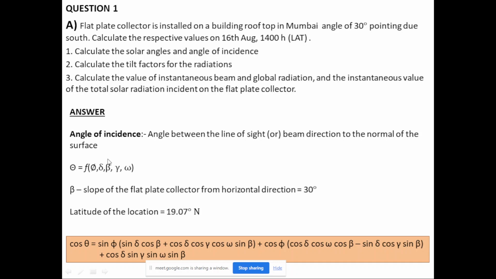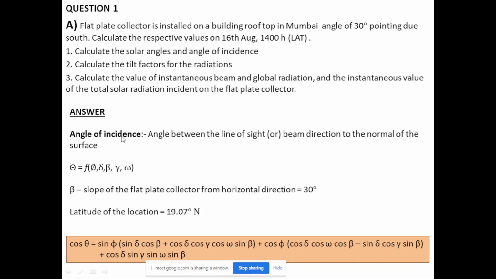So the angle of incidence is a function of phi, your latitude of location; delta, your declination angle; beta, the slope of the flat plate collector from the horizontal ground surface; gamma, your surface azimuthal angle, that is the projection of the normal to the flat plate on the horizontal surface, measured from the south; and omega is your hour angle.